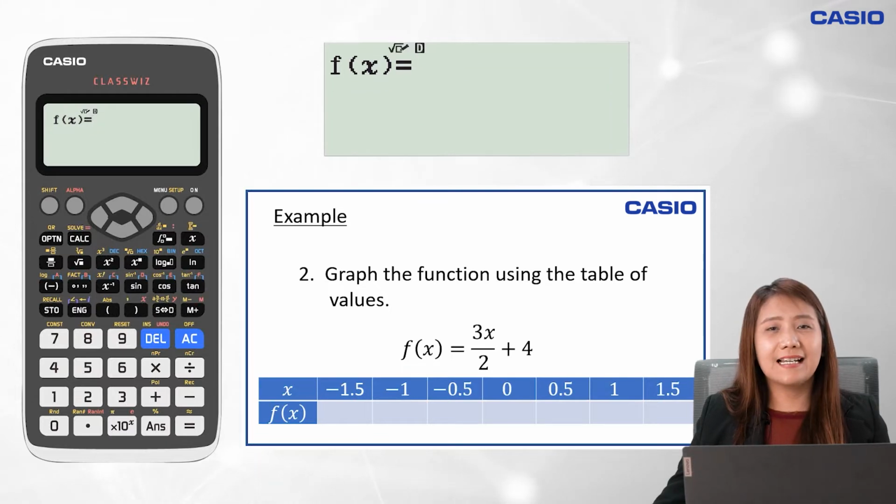Let's have another example. Graph the function using the table of values. The function is quantity 3x over 2 plus 4. Let's complete the table using Casio Classwiz before graphing the function. First, we press Menu and 9.